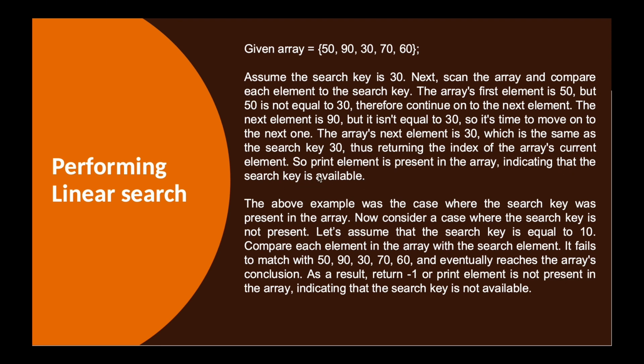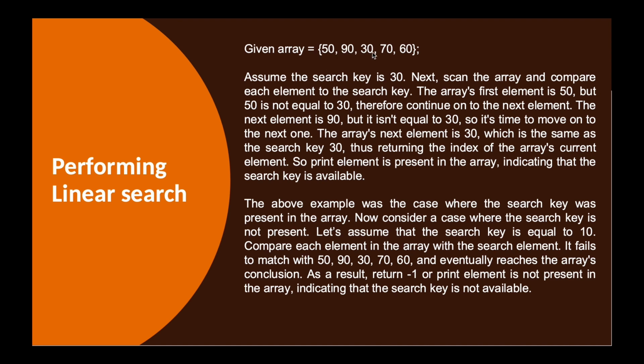So, all this paragraph is letting us know is that when we assume our search key, or our search element, is 30, we have to do a check. We compare the 30 to all these numbers until we arrive at the same 30.